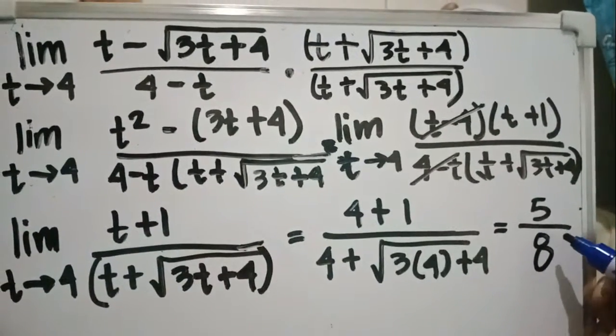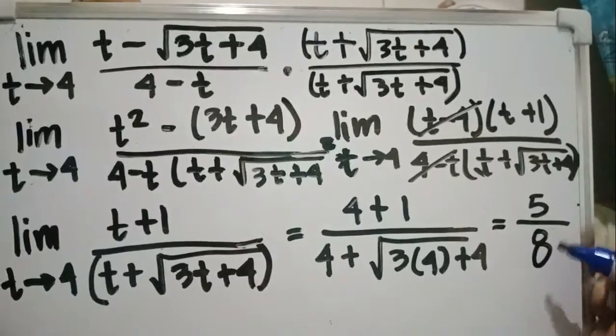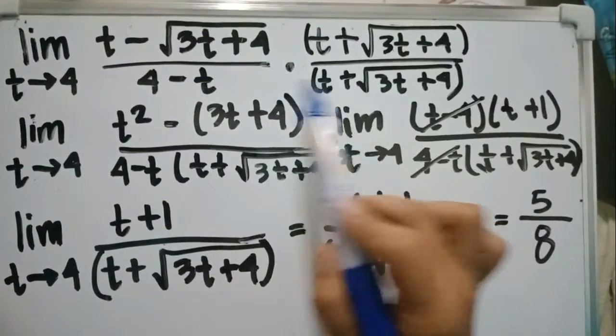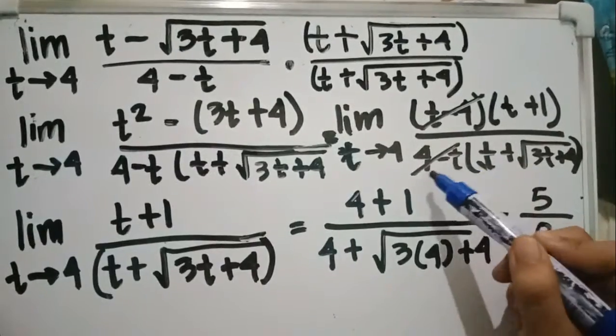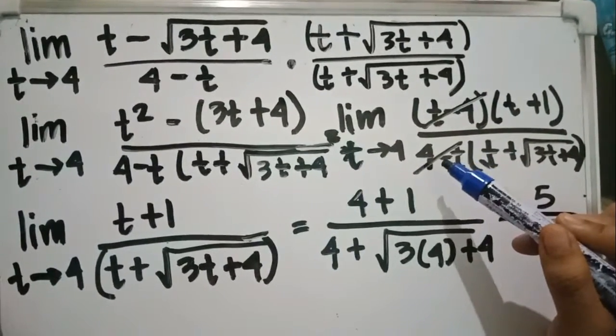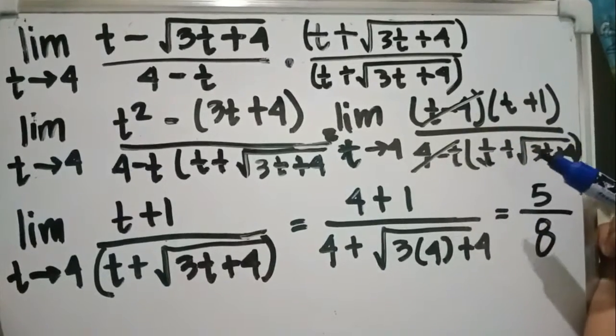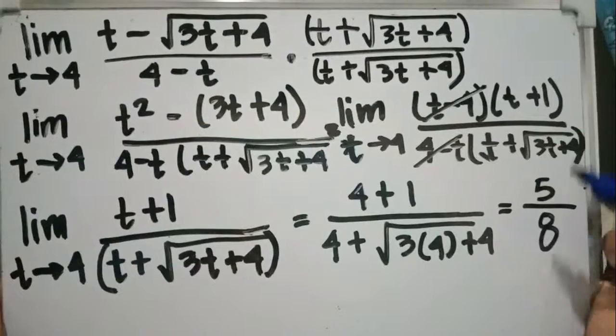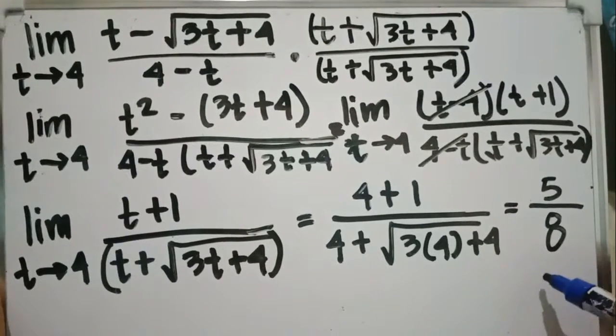So the answer is 5 over 8. So as you can see, if we had multiplied the two denominators, we could not have used the canceling technique. So it would be more complicated if we did. So yeah, we got the answer 5 over 8.